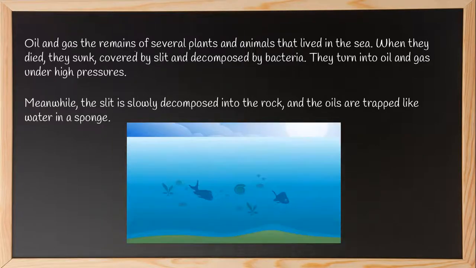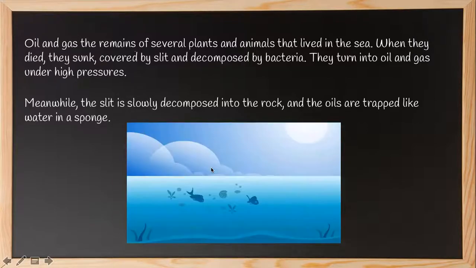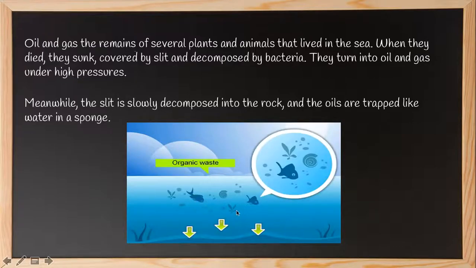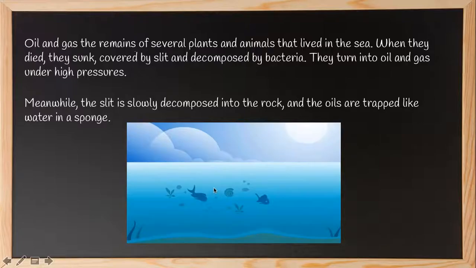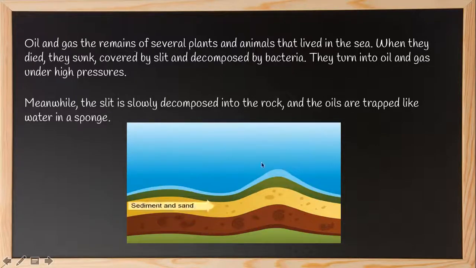If you can see here, this is a water body. When all the living animals or plants present in the water body die, like the fish or these trees, these are the organic waste. When they die, they get decomposed by the bacteria and form sediment and sand.